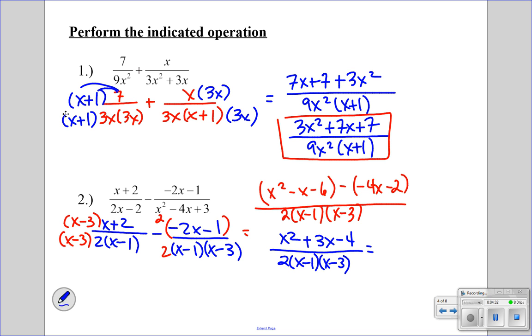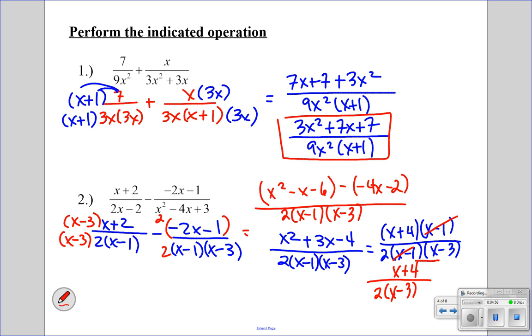Let's factor that top portion. So we get x plus 4 and x minus 1 all over 2 times x minus 1 times x minus 3. Now, we do have something to cancel out, which is our x minus 1s, and our final solution is x plus 4 all over 2 times x minus 3.